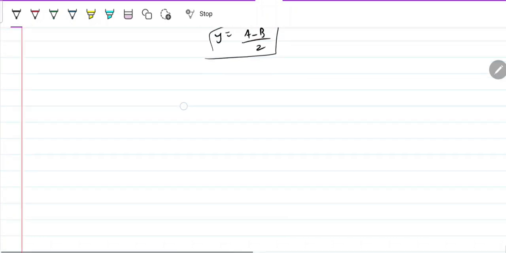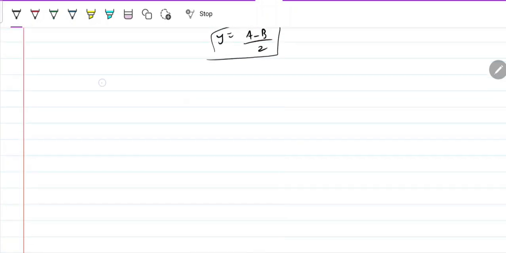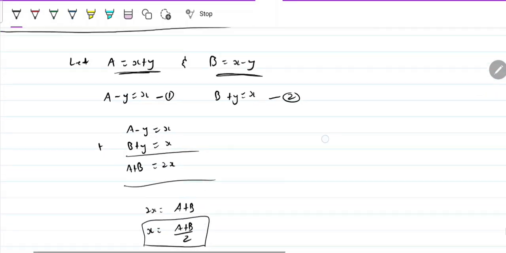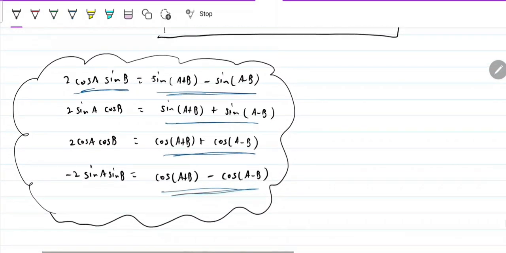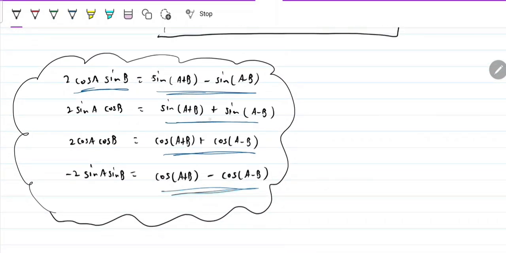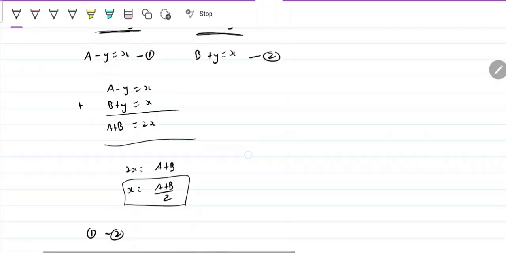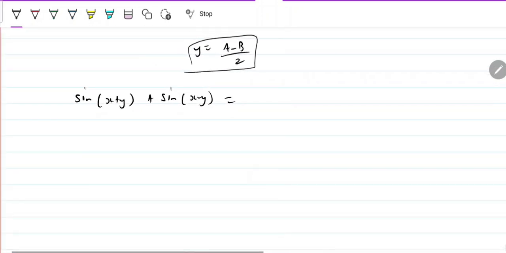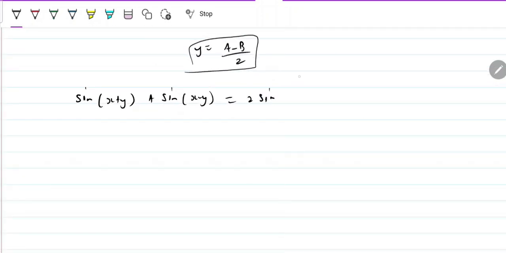You saw earlier, I had the sine of x plus y plus the sine of x minus y would be equal to, let's see which one that was. That one was going to be this one. So I'll end up with 2 sine x cos y.